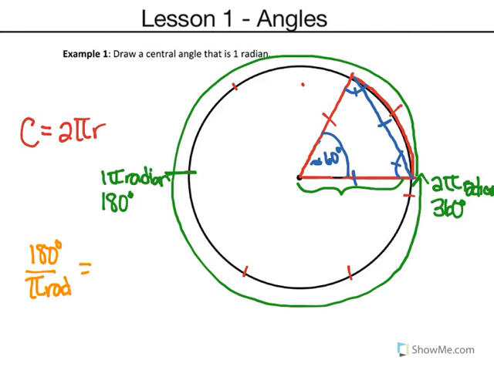If we wanted to find out how many degrees are in 1 radian, we'd put an x on the top, cross multiply, and divide. You should get x equal to 57.3 degrees. So this isn't really 60 degrees, it's 57.3. We can approximate it to be about 60.